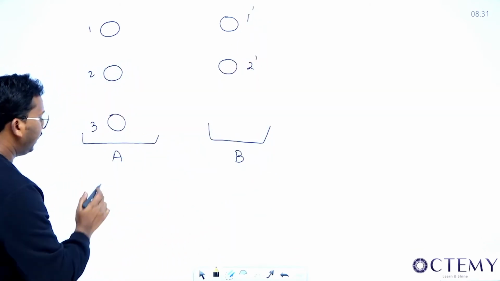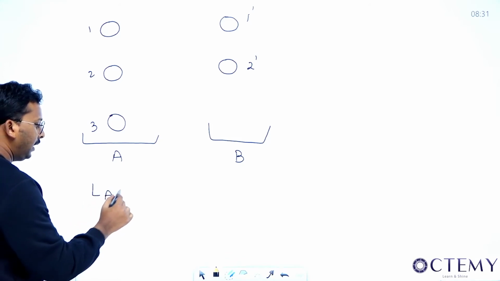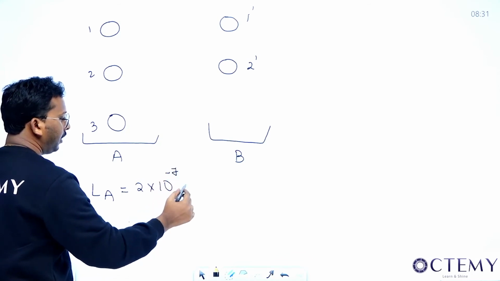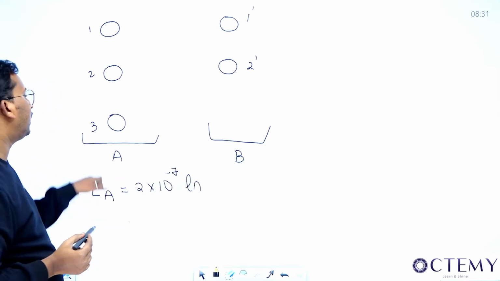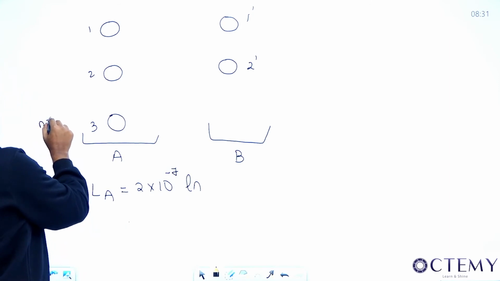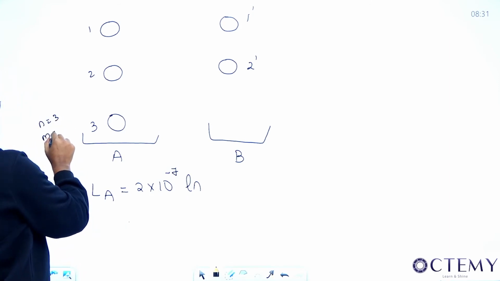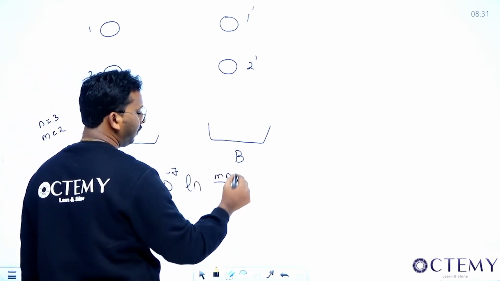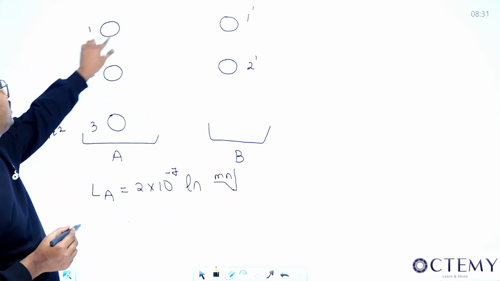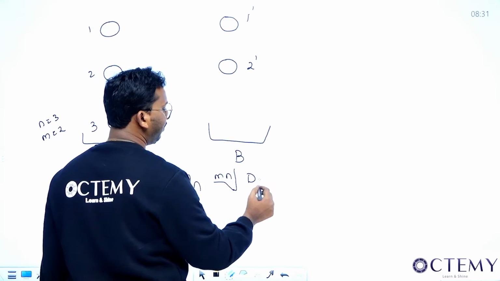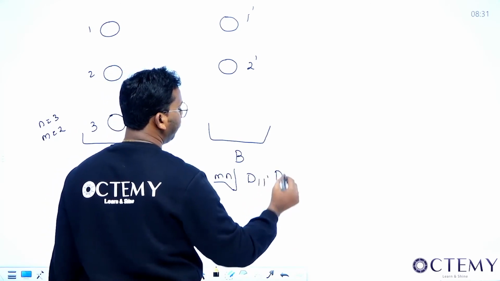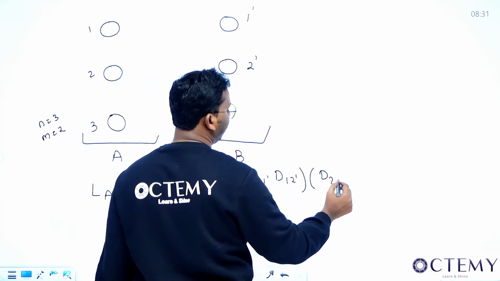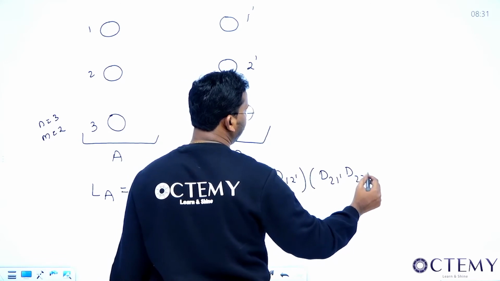If I want to find LA, that should be equal to 2 into 10 power of minus 7 into ln. How many terms are there? Here n is equal to 3 and m is equal to 2. So here you'll get the mnth root of the distance between 1 and 1 dash, 1 and 2 dash, 2 and 1 dash, 2 and 2 dash, 3 and 1 dash, 3 and 2 dash.